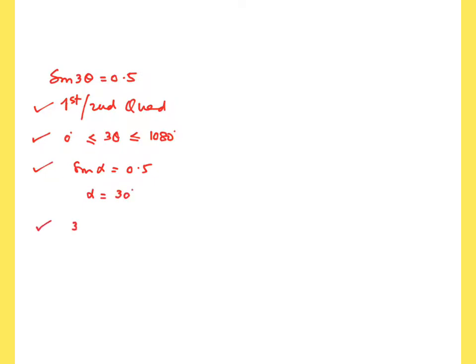This explanation is for your own good. This is not part of the examination as such. It's not part of that answer. I'm solving it completely. 3 theta lies between 0 and 1080. Basic angle is 30 degrees. Therefore, in the first quadrant, 30, 150, 30 plus 360, 150 plus 360, 390 plus 360, 510 plus 360.